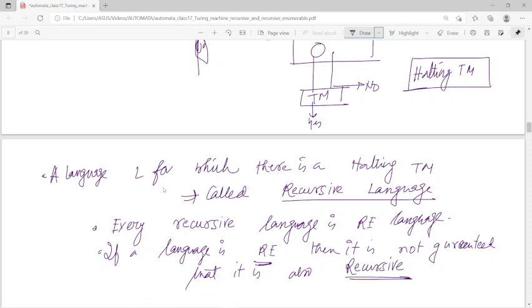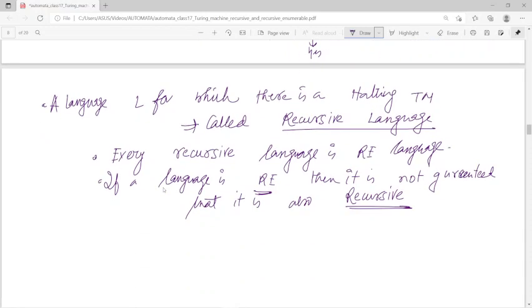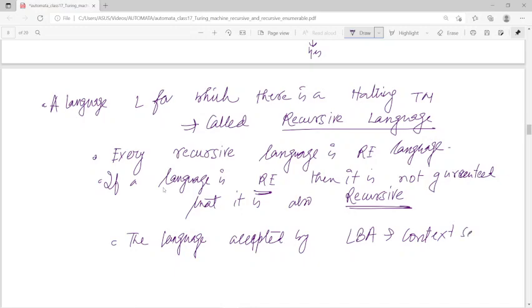That means recursive enumerable হলেই যে recursive হবে তার কোনো guarantee নেই। And the language that is accepted by LBA is nothing but context sensitive language, that is called context sensitive language.